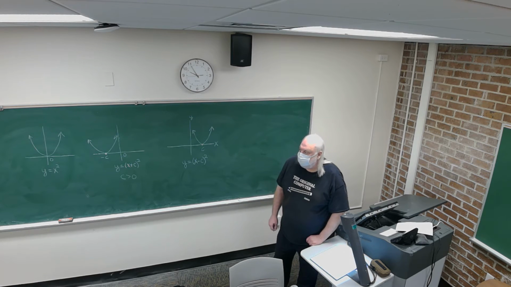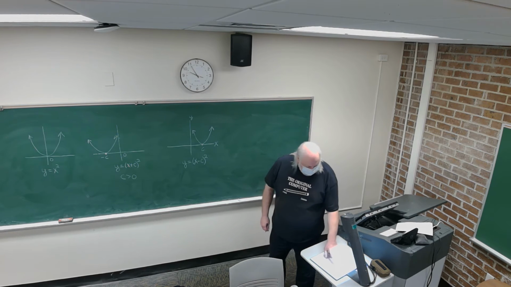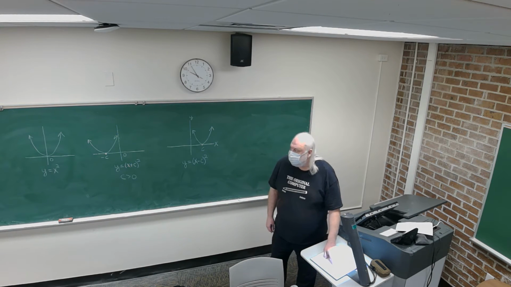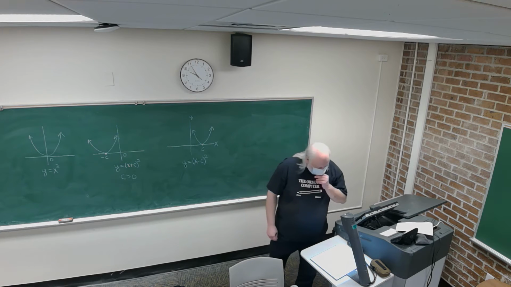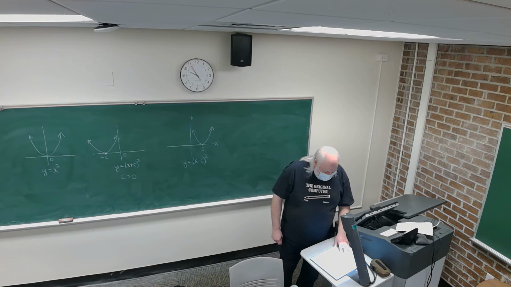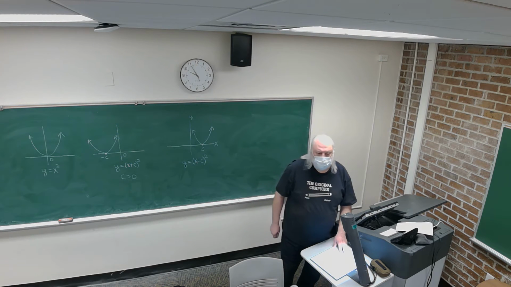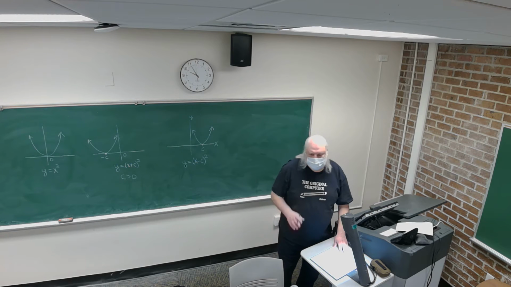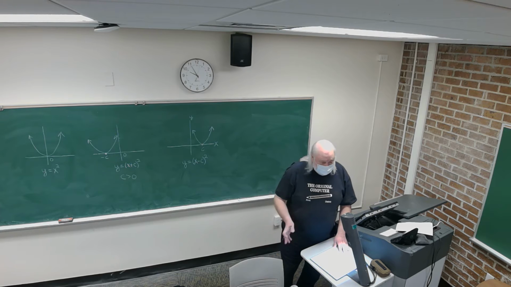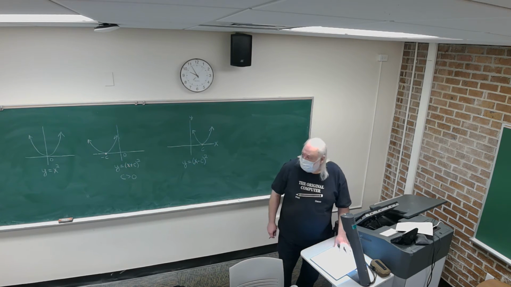Okay. You can see how it's gotten flattened, going from here to here. All right. Any questions on that? This section, there's no solving for x or anything like that. It's all conceptual in this section.